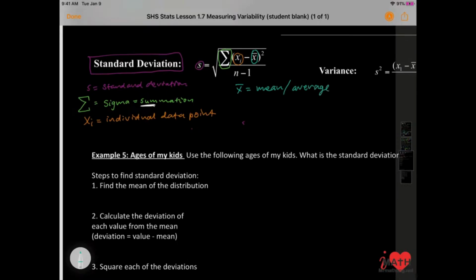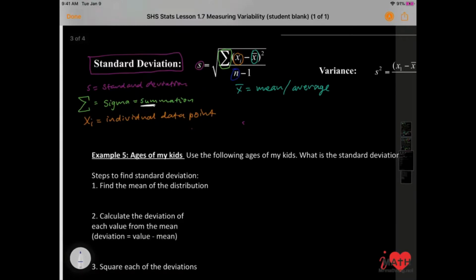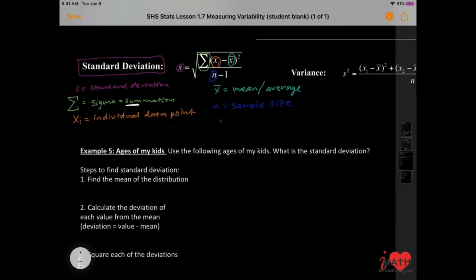But I'd rather use the word mean because it's more accurate. And then the last one is n. n just means the sample size. How many numbers do you have in that list? How many people are you talking about when you say Pokemon cards? There's 10 kids there.